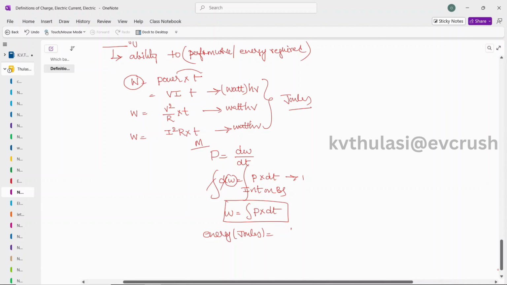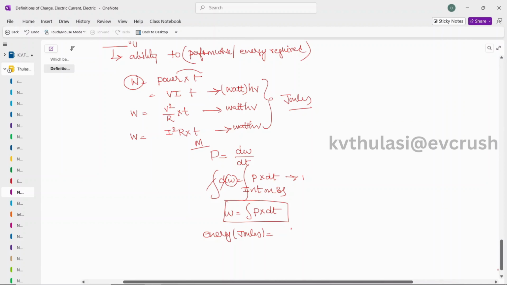And we can define power in one more format. We got the formula for power equal to V into I. So what is the ultimate unit of current? Current I is equal to Q by T, and this I can write as VIT divided by I into T. So VIT units are joules, it's nothing but energy, and this is nothing but charge.